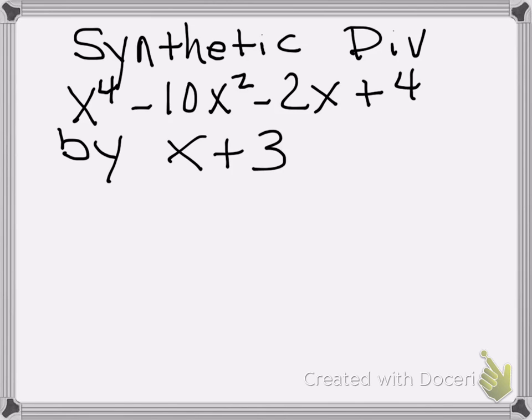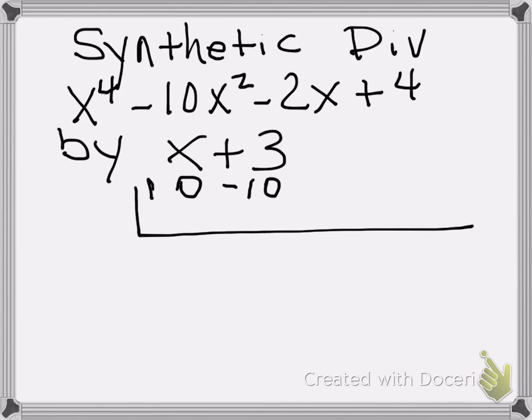Now, when you do synthetic division, you're going to do an upside down division bar like that. And what you do is you put the coefficients of all of the terms in your dividend. So x to the 4th has a 1, so we put a 1. There is no x cubed, so we put a 0 for the filler. Then negative 10, and then negative 2, and then 4. Be sure that you put your filler in there. If you don't, it'll be a problem.